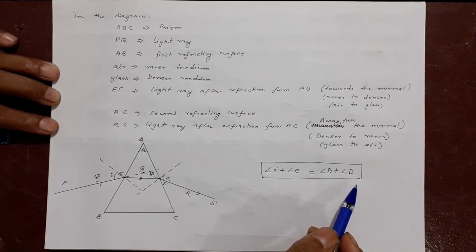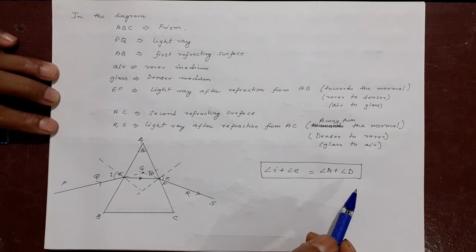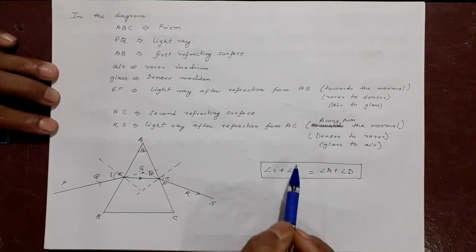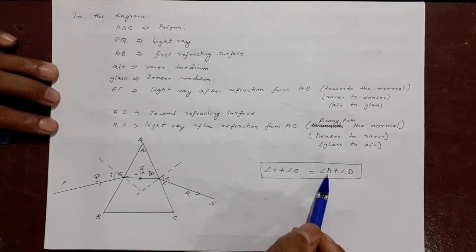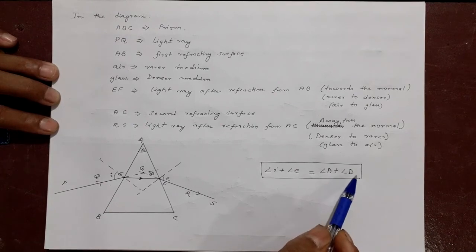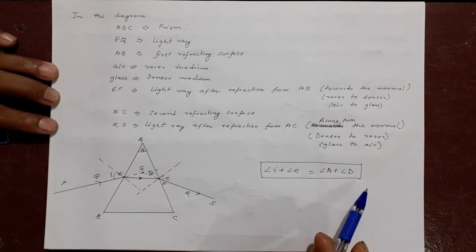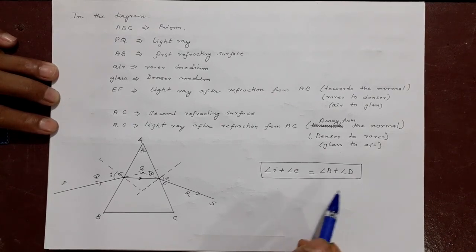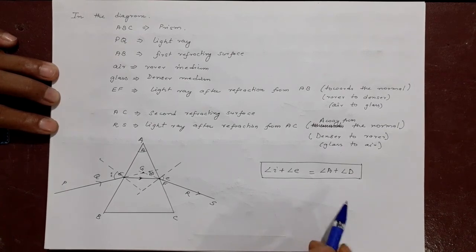Now angle of deviation is directly proportional to angle of prism. If the angle of prism A is very big, then the deviation angle will also be big. Higher the refractive index of the material, if mu is big, the angle of deviation will be big.